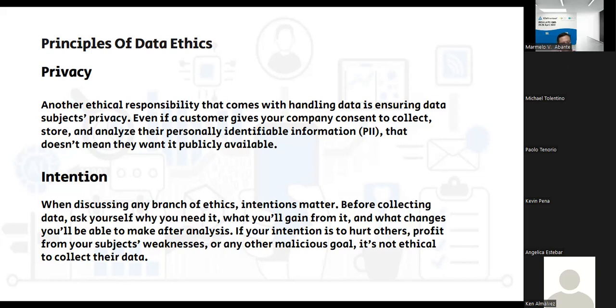Next is intention. When discussing any branch of ethics, intentions matter. Before collecting data, ask yourself why you need it, what you'll gain from it, and what changes you'll be able to make after analysis. If your intention is to hurt others, profit from your subjects, or any other malicious goal, it's not ethical to collect their data.